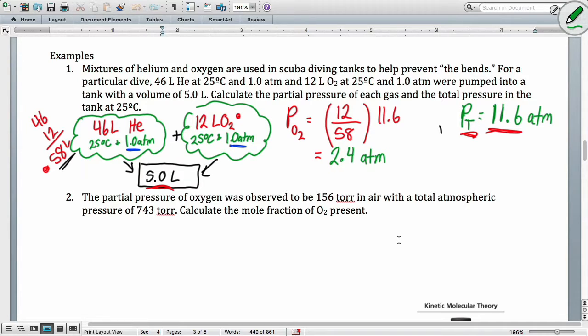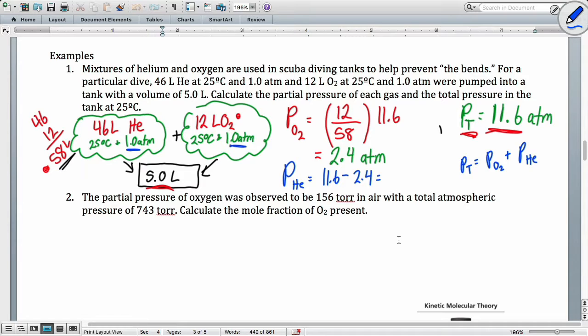There are a couple different ways that we can get our partial pressure of helium. We can do the same thing, or we know that the total pressure is going to equal the pressure of the oxygen plus the pressure of the helium. So we can also just subtract. To get my pressure of helium, I'm going to take the total pressure, 11.6, and subtract out the partial pressure of the oxygen.